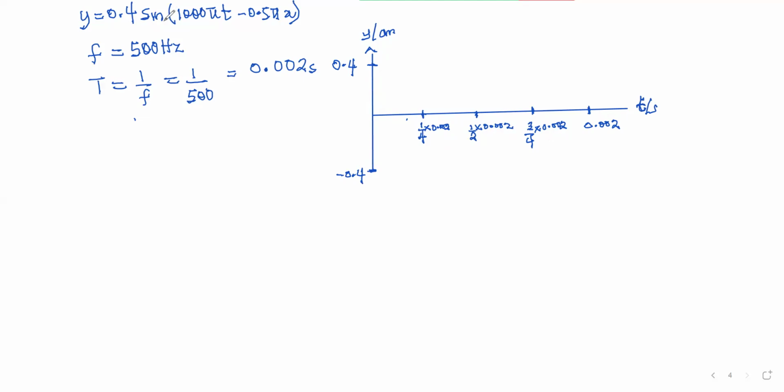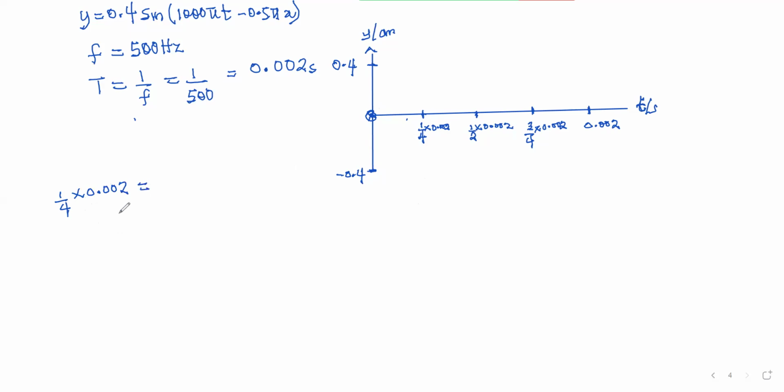So when t is equal to 0, the displacement will be equal to 0. When t is equal to a quarter of the period, please calculate this for me.